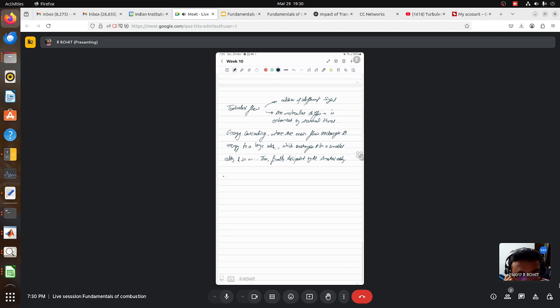Then, there are 4 length scales defined to understand the features of a turbulent flow.